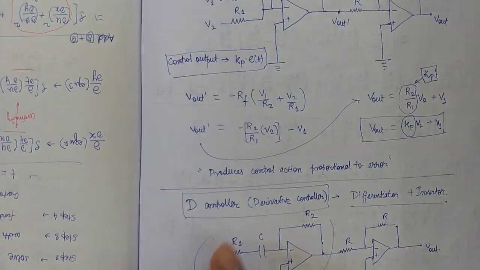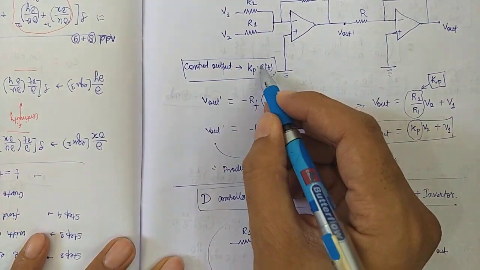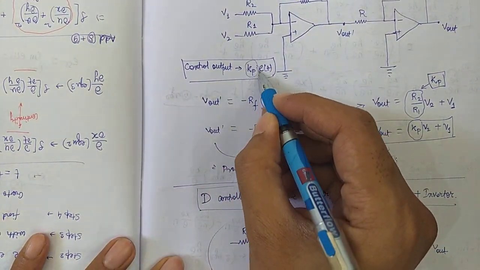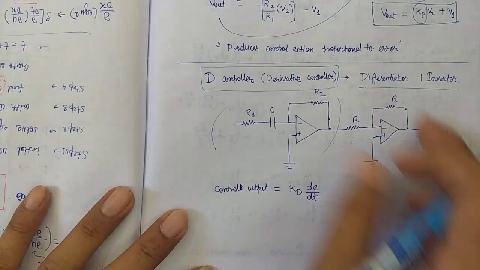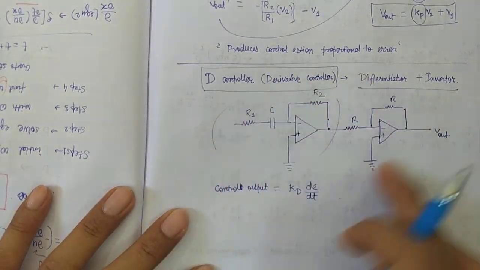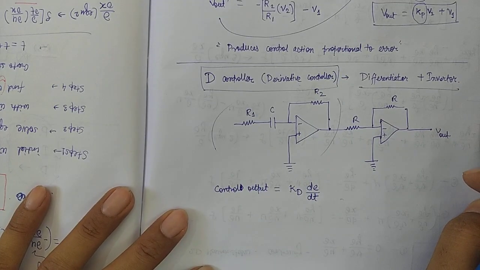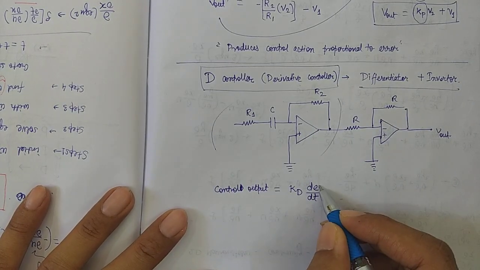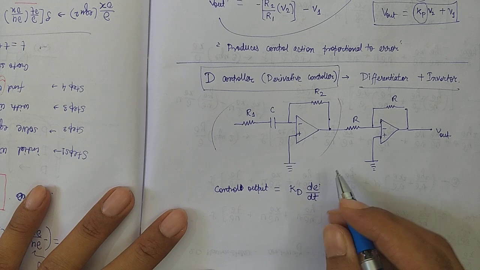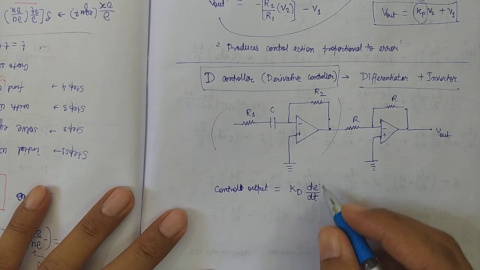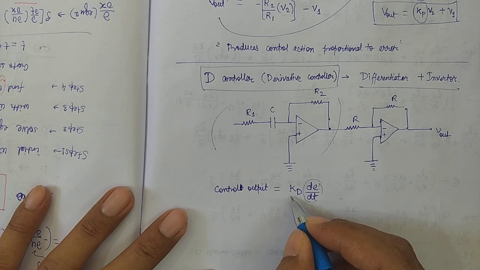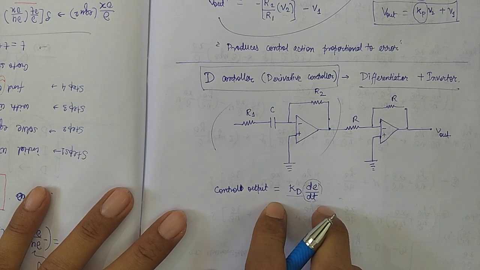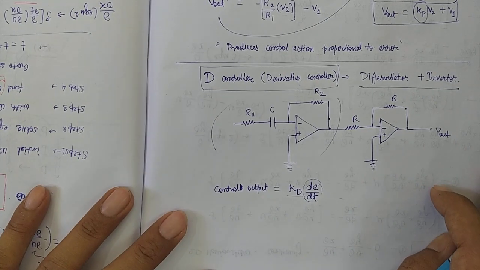So after the controller you will get your error multiplied with this Kp function, and after this controller, let's suppose this whole as a controller, after this control signal you will see the differentiation of your error signal times Kd. This is what you get after this control action.